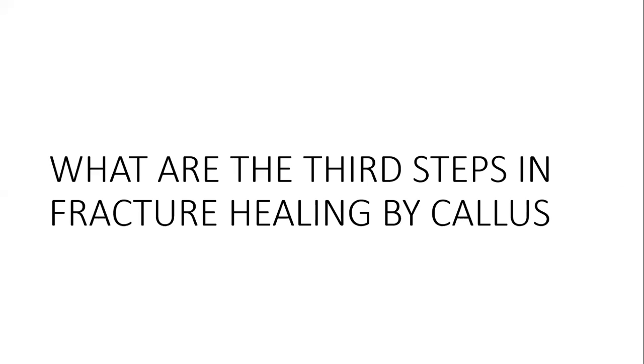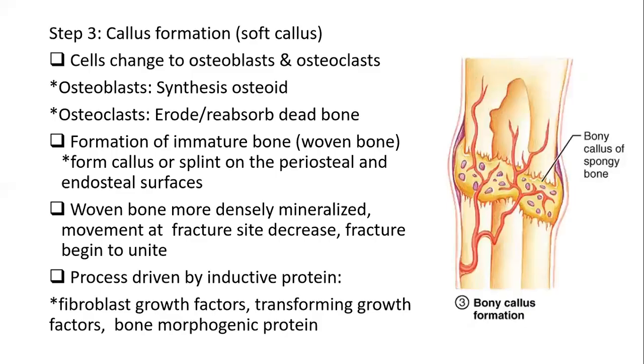And the third step is callus formation, which is soft callus. The cells change to osteoblasts or osteoclasts. Osteoblasts synthesize osteoid, and osteoclasts resorb the dead bone.